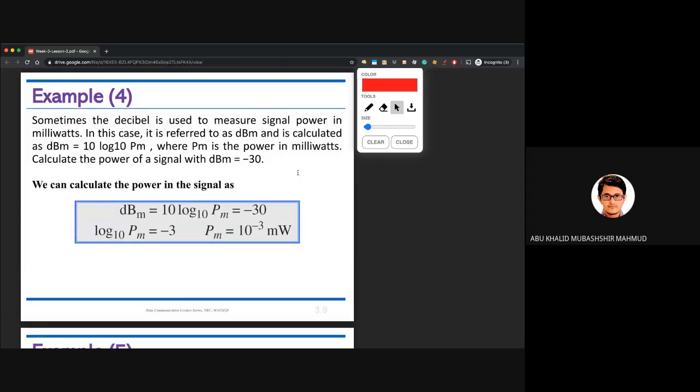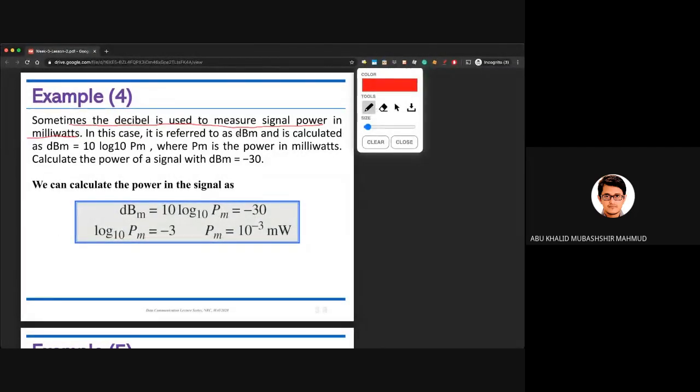Now, a new concept we are seeing here. Sometimes the decibel is used to measure signal power in milliwatts. What happens here is that we are introducing a new unit to measure the signal powers.